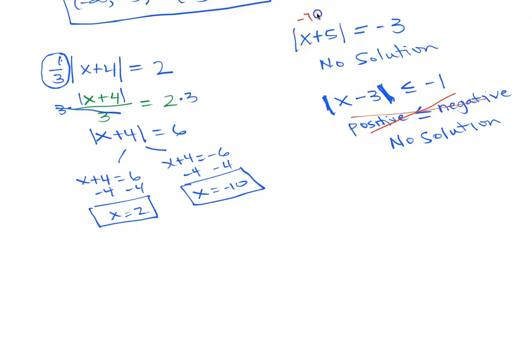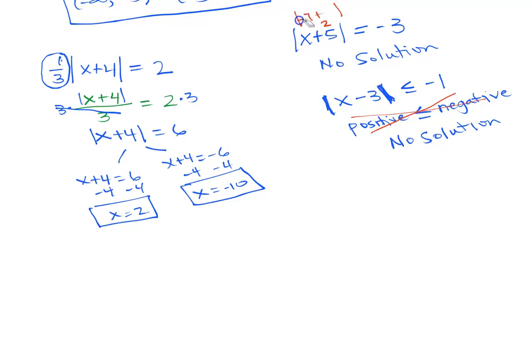So if I did -7 plus 5, that's -2, but I take the absolute value of it and I get +2. So do you see I'll always end up with a positive number, and that doesn't work, right? I can't have a negative, so the end result is negative.